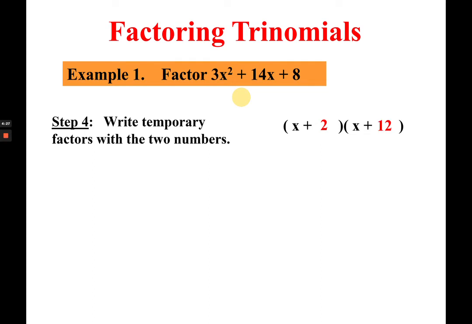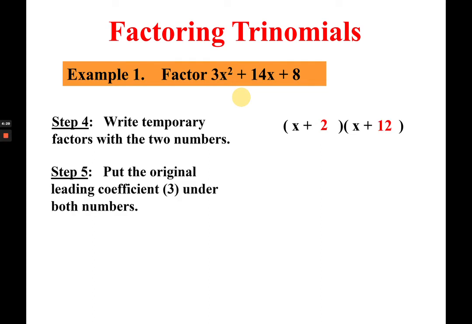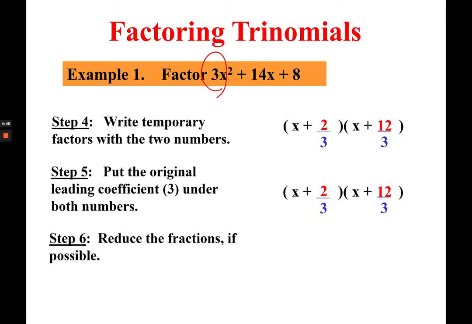We're more than halfway. Step 4, you're going to put the leading coefficient under both numbers. So the 3, which is the leading coefficient, appears under both numbers from the temporary factors. Step 5, reduce the fractions.